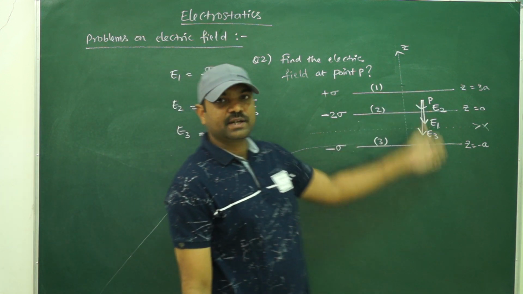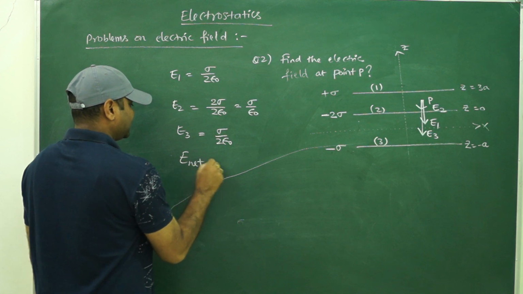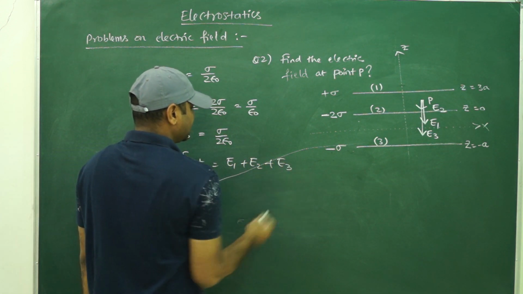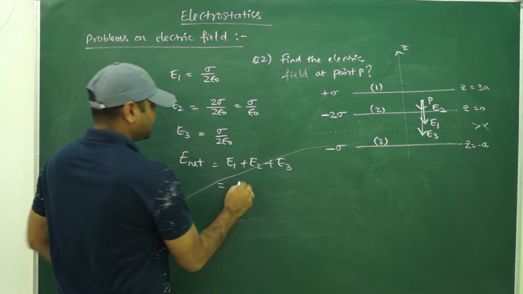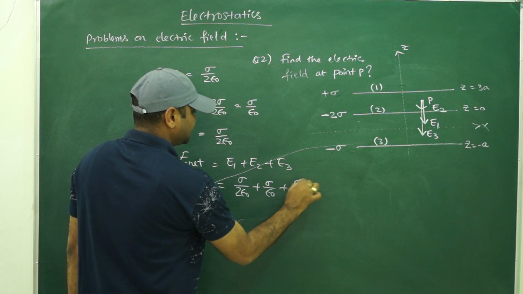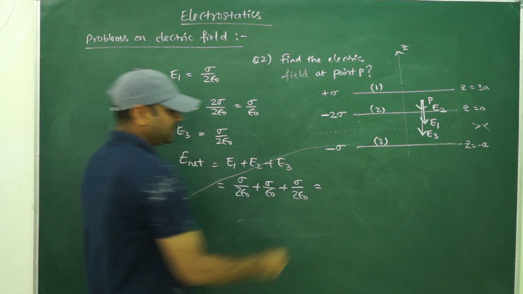Now all vectors are in the same direction. Then what is the net magnitude? I have to add the magnitudes because all vectors are in the same direction. Then sigma by 2 epsilon naught, plus sigma by epsilon naught, plus sigma by 2 epsilon naught. You will get how much? 2 sigma by epsilon naught.